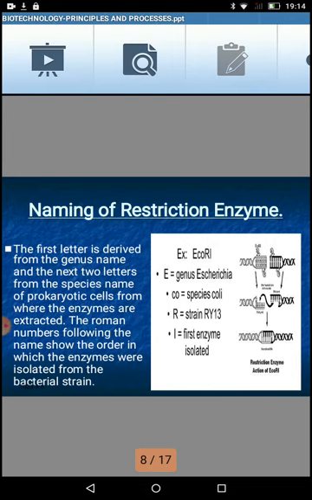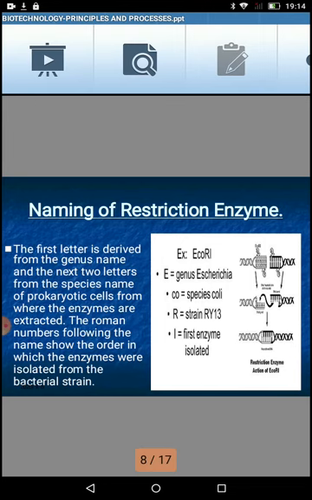1 represents the number of that restriction enzyme obtained from that bacteria. It is either the first one, the second one or the third one. So if it is written 1, that means this is the first restriction enzyme obtained from Escherichia coli.